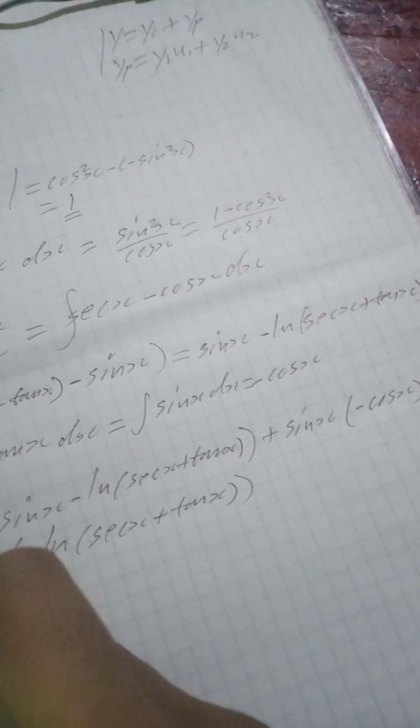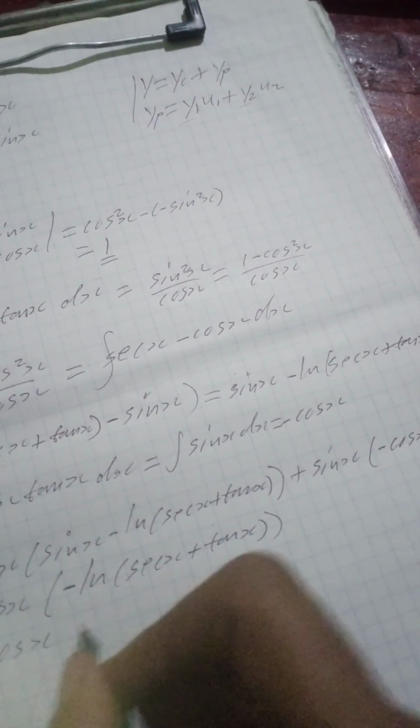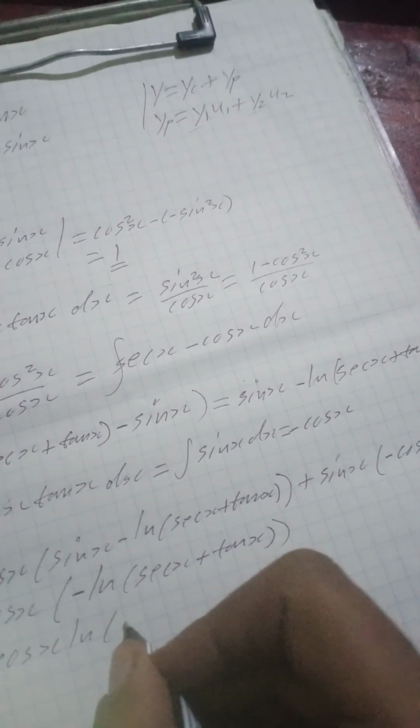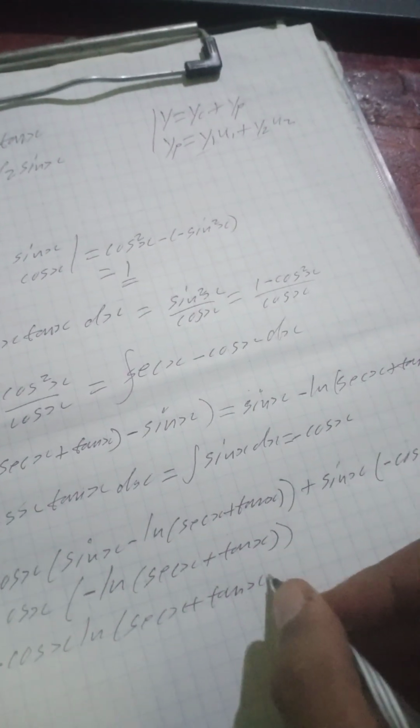So this is equal to negative cos x times ln of secant x plus tan x.